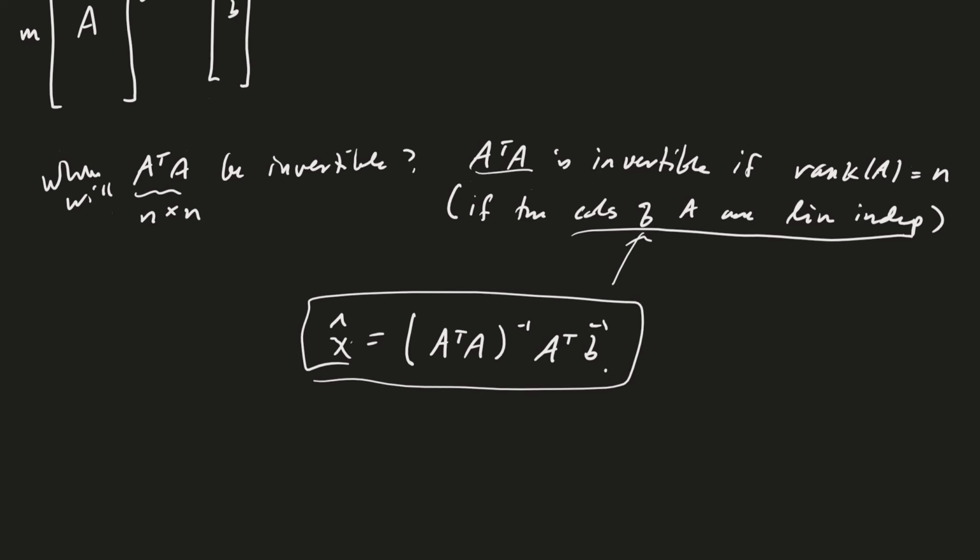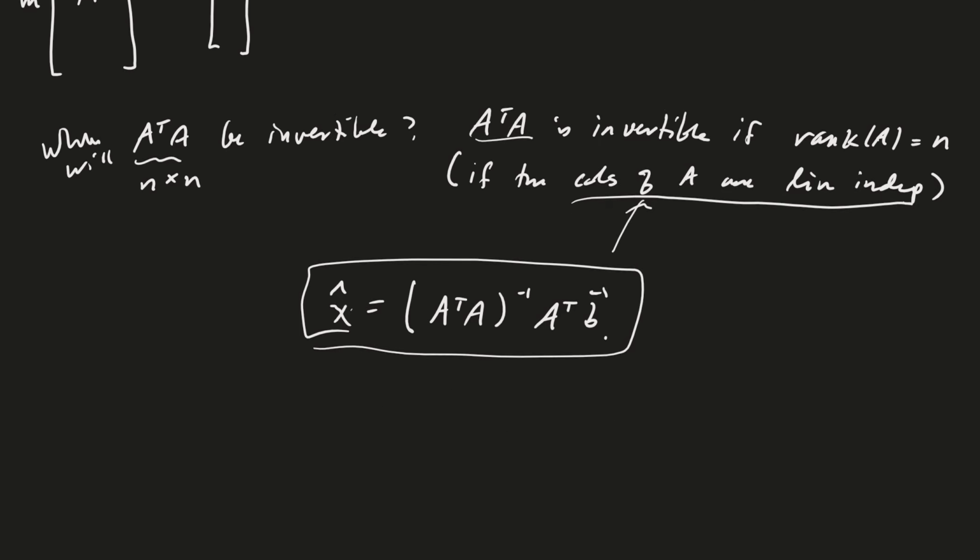Of course, the last part of this we might ask is, what happens in the case where the matrix does not have linearly independent columns? And the answer is you can still solve.